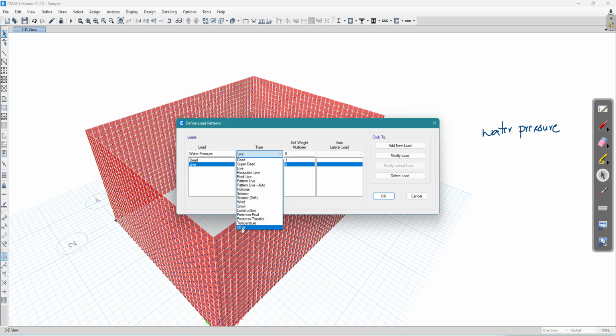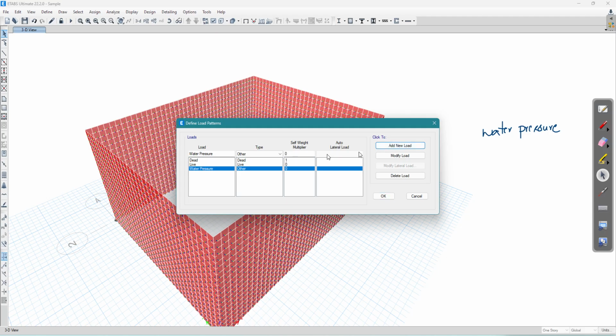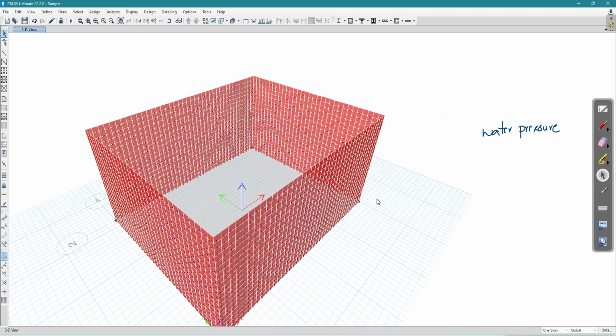The type is other, self weight multiplier should be 0. So you just click on add new load. See here, so here you have the new load pattern called water pressure. One is dead, live, water pressure.